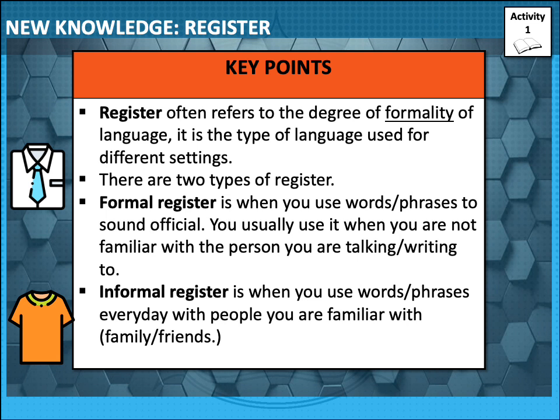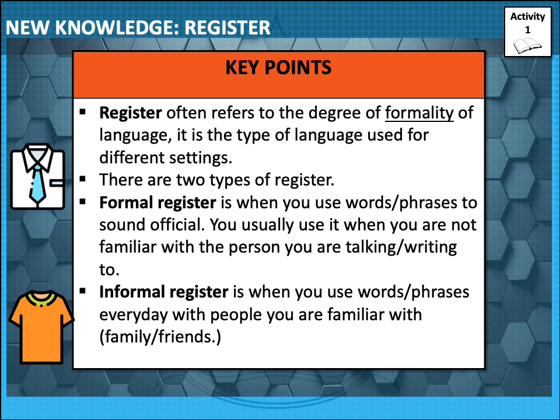There are 2 types of register. Formal register is when you use words and phrases to sound official. You usually use it when you're not familiar with the person you are talking or writing to. If you look at the image on the left of the shirt and the tie, you'll see that that relates to formal register, an official way of writing.